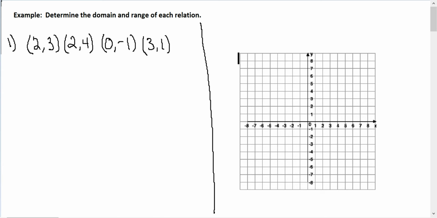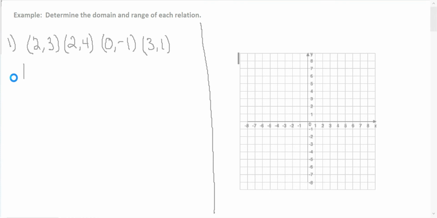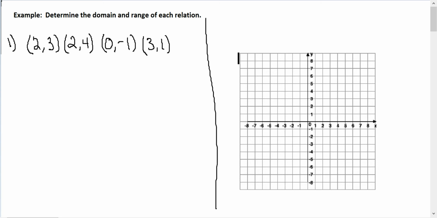All right, so we're going to start with example number 1, and they want us to determine the domain and the range of each relation. And remember, in order to remember what the domain is, the domain has to do with the x values.